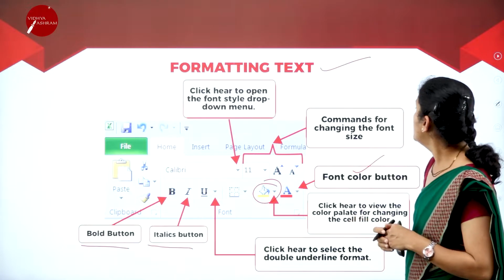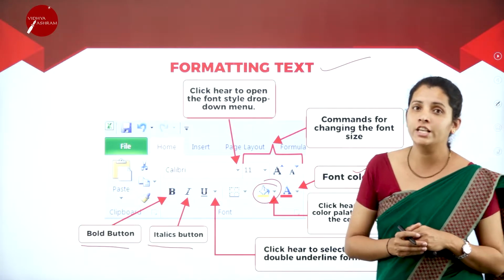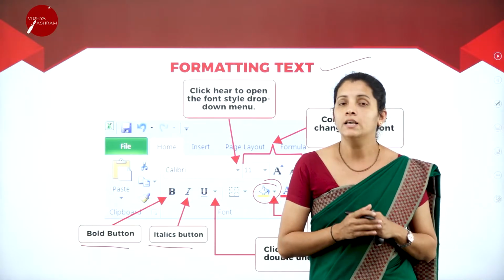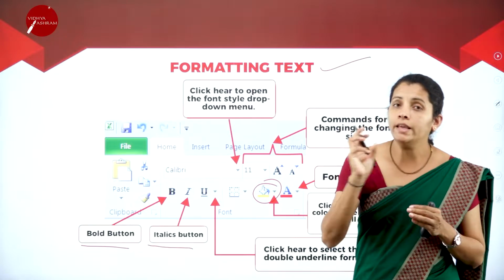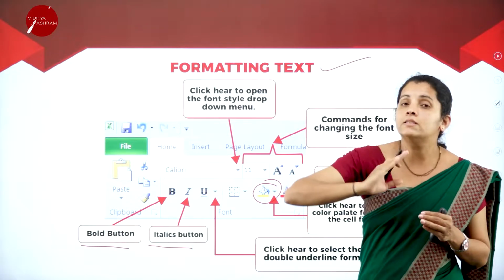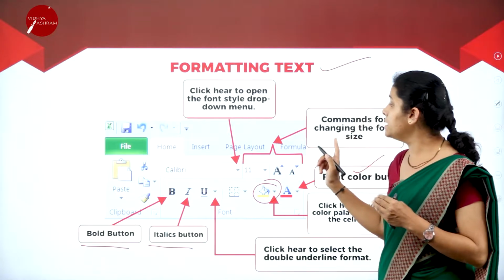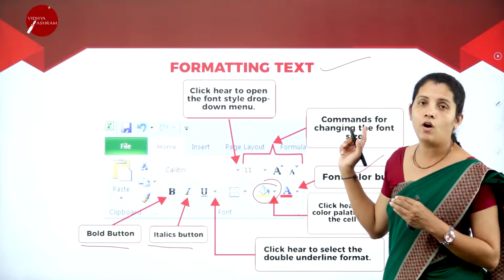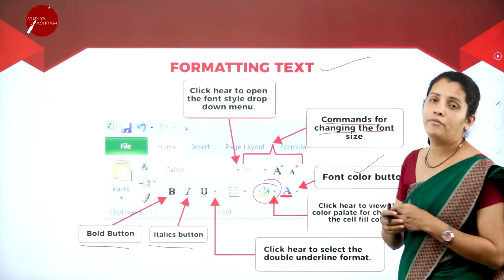Then I can provide the command for changing the font size. Suppose you want to write the heading in some other size, that can be achieved by using the command for changing the font size.